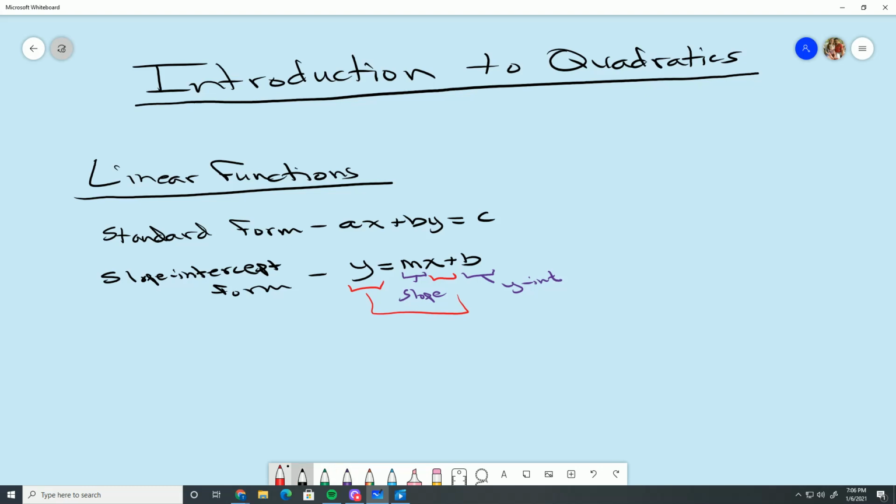Just to clarify what I mean, say you had y equals 2x plus 5. Based off what we just did, you know the slope: 2 is the slope, and 5 is the y-intercept.